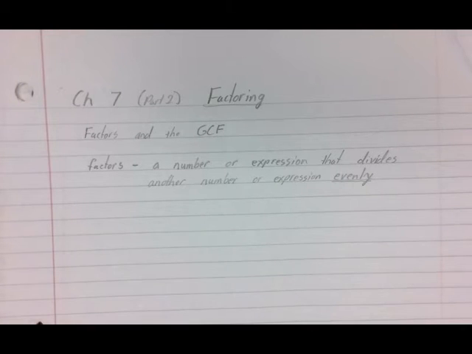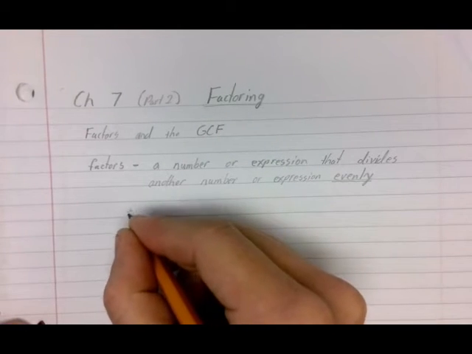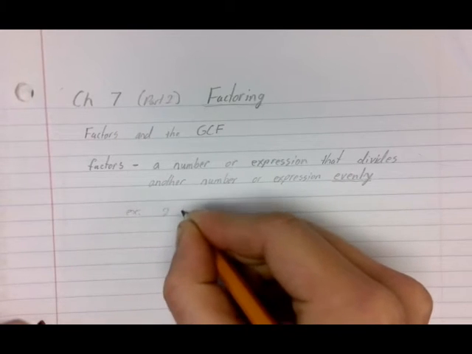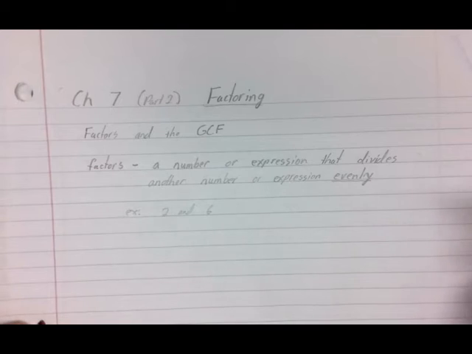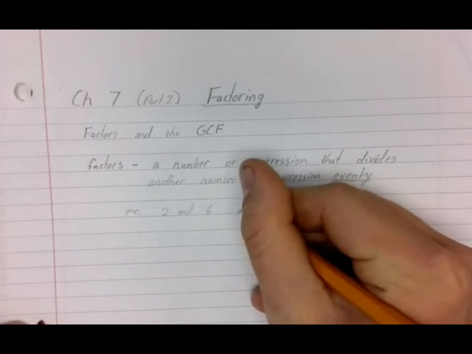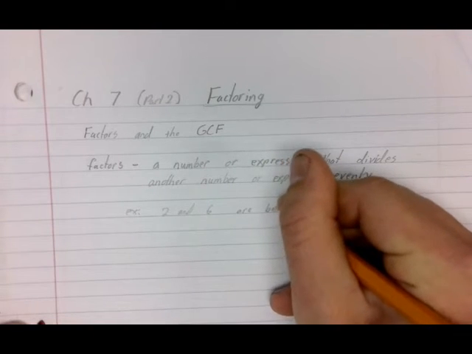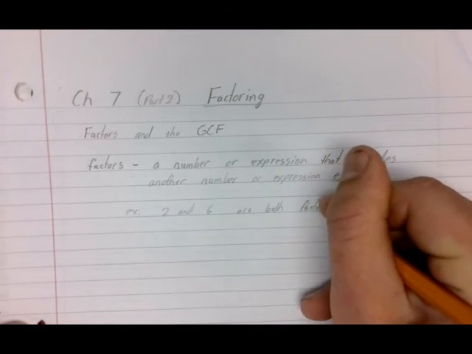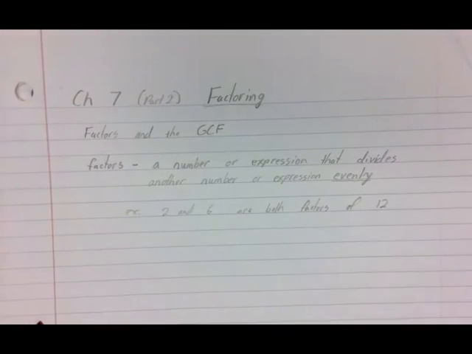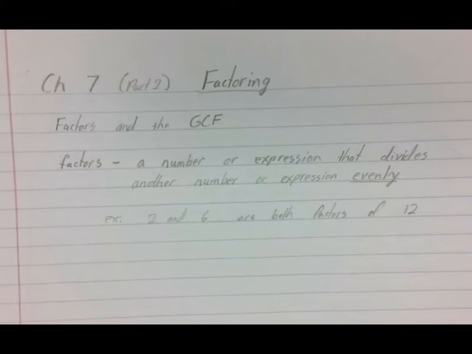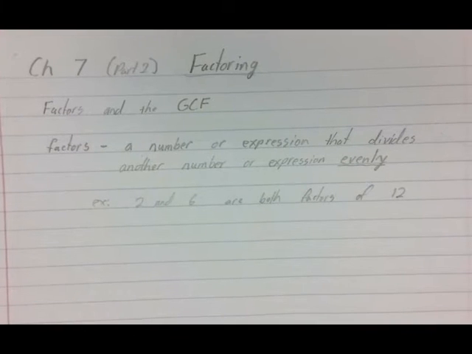So for example, 2 and 6 are both factors of 12. Okay. 2 and 6 will both divide 12 evenly.